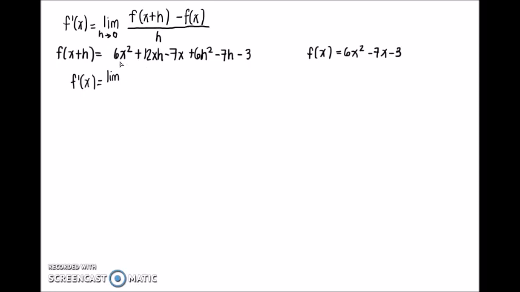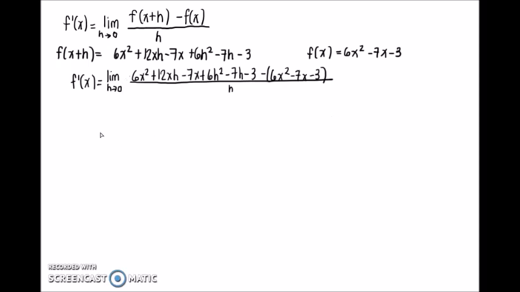So lahat ng to, kukopyahin lang natin. Minus f of x. So minus lahat ng to. So don't forget to put a parenthesis. All over h. As h approaches 0.